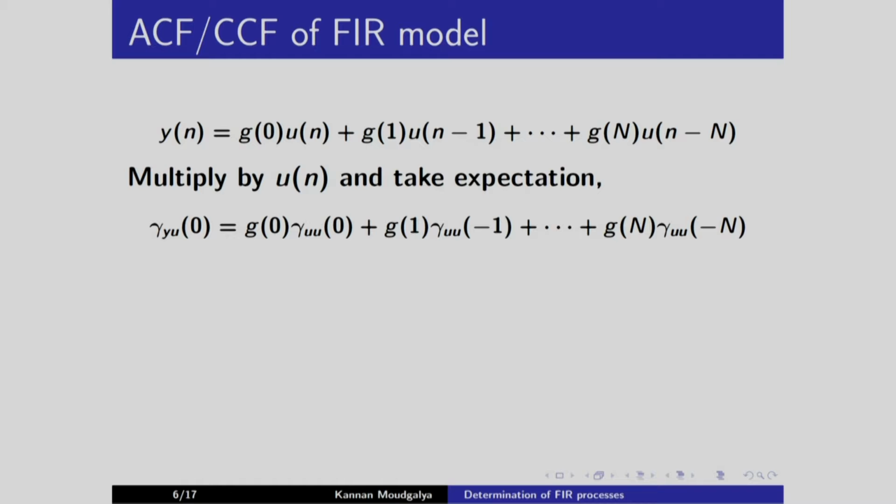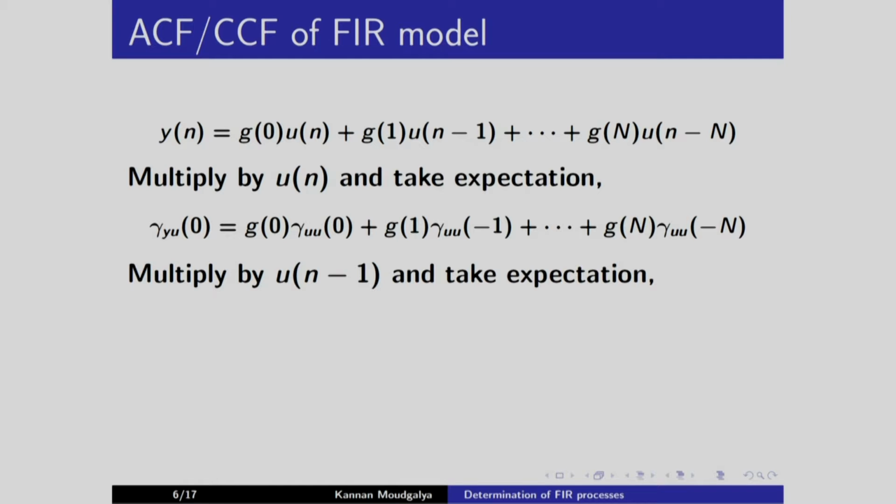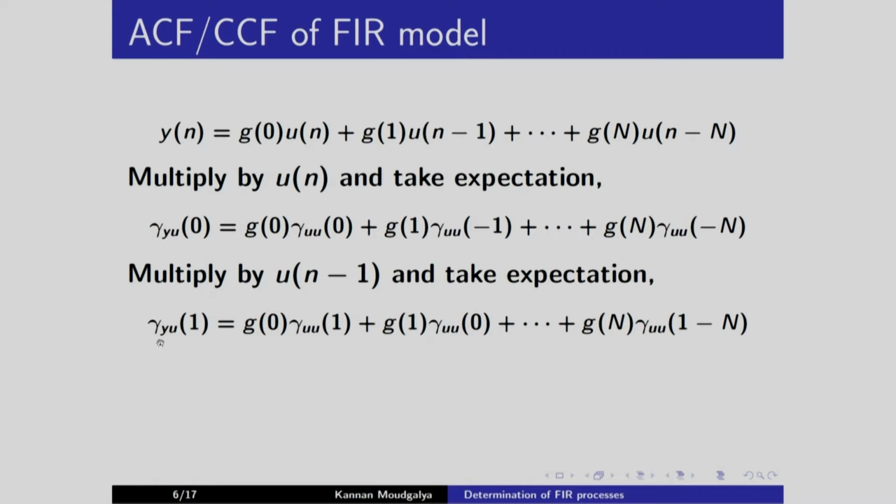Let us multiply by u of n minus 1 and take expectation, and so that means we are multiplying this y of n by u of n minus 1, and remember this n minus 1 is a smaller index compared to this n. So as a result we will get gamma yu of positive 1, and this is not 0 because this n minus 1 occurs first. As a result of that yn changes, right?